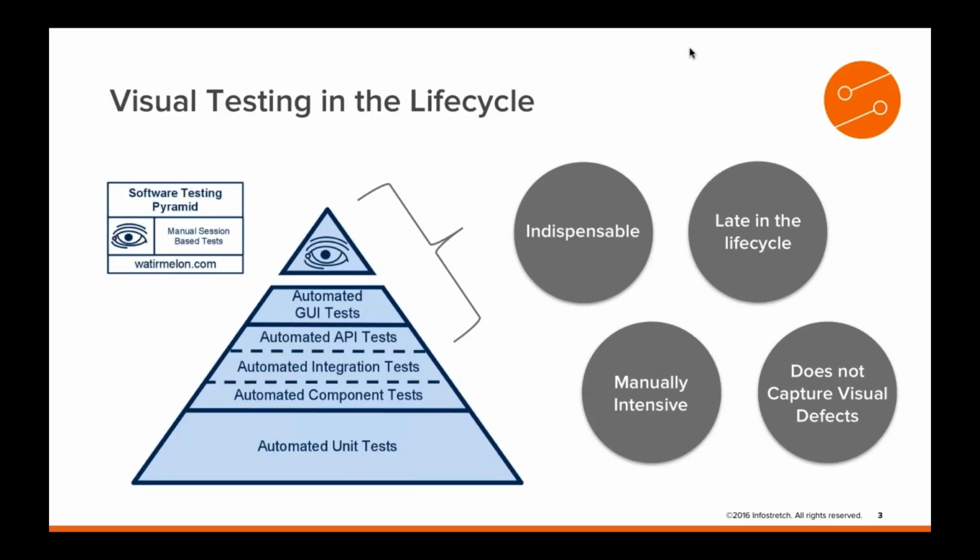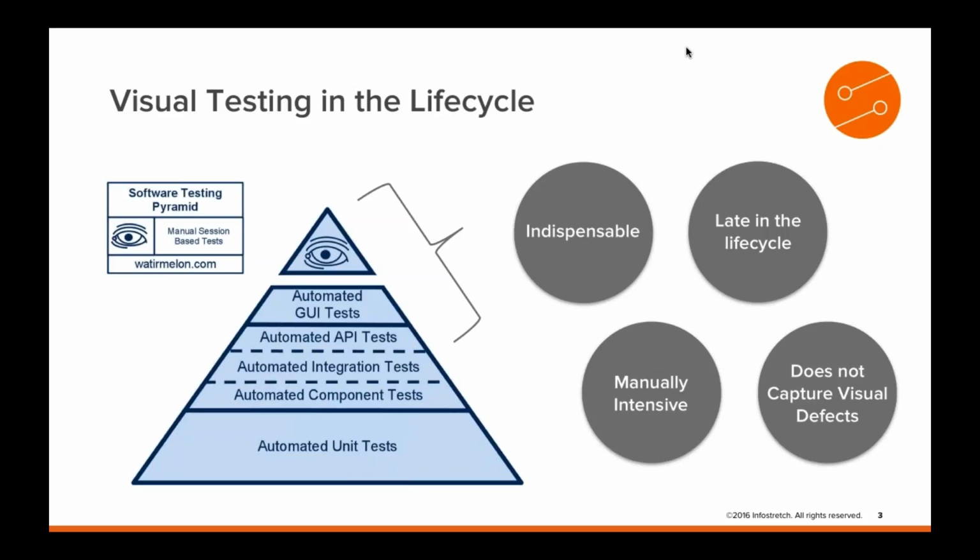It is also a very manually intensive process. In order to exercise a test through the GUI in an automated way, you have to pretty much teach the software to click on specific widgets on the screen and validate what you are seeing on the screen, right? It is also indispensable in the sense that automated GUI testing is what your users see, so you can't not do it.